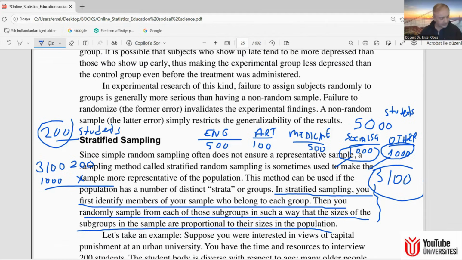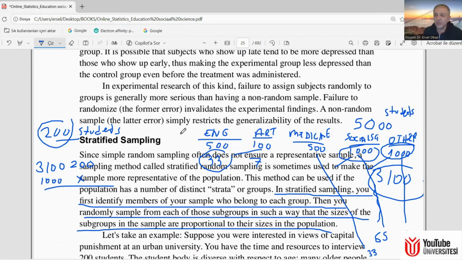If I do the math, 200 times 1,000 divided by 3,100, it means I need to take 65 students from social sciences, 65 from other college, and then this is half of it, so 33 from medicine, and then this is only 100, so 33 divided by 5, so we will take 7 students from this college and then another 33 from this college.